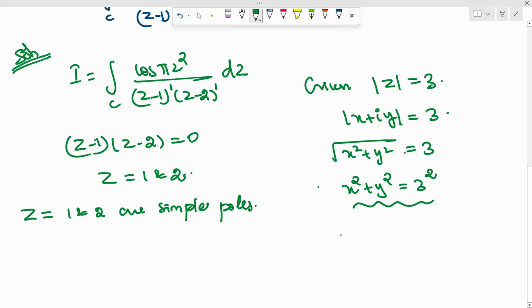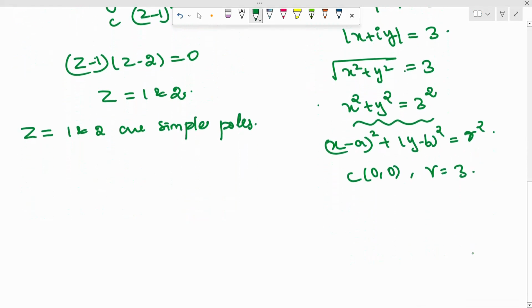We know the general equation of the circle is (x − a)² + (y − b)² = r². Here a and b are 0 and 0, so the center of the circle is (0, 0) and the radius is 3. Now we can draw the diagram.